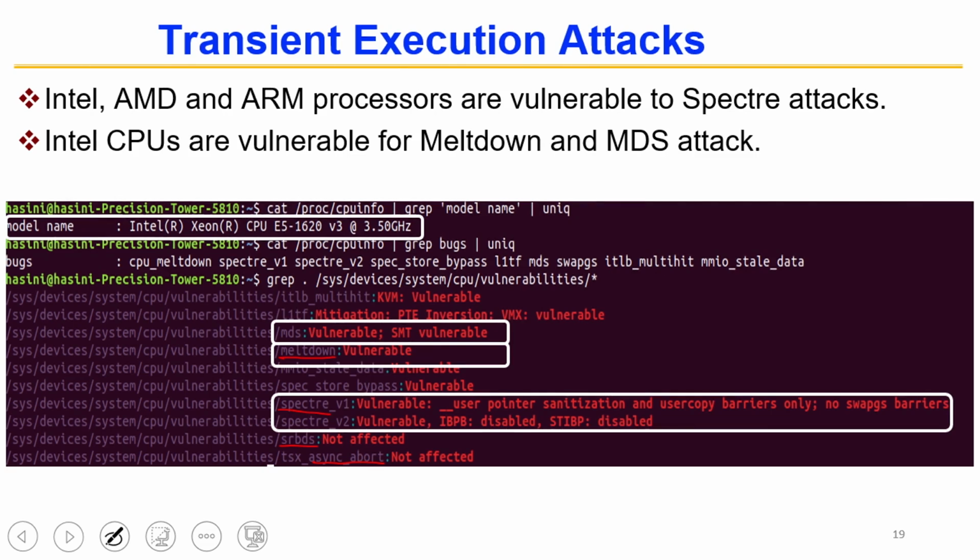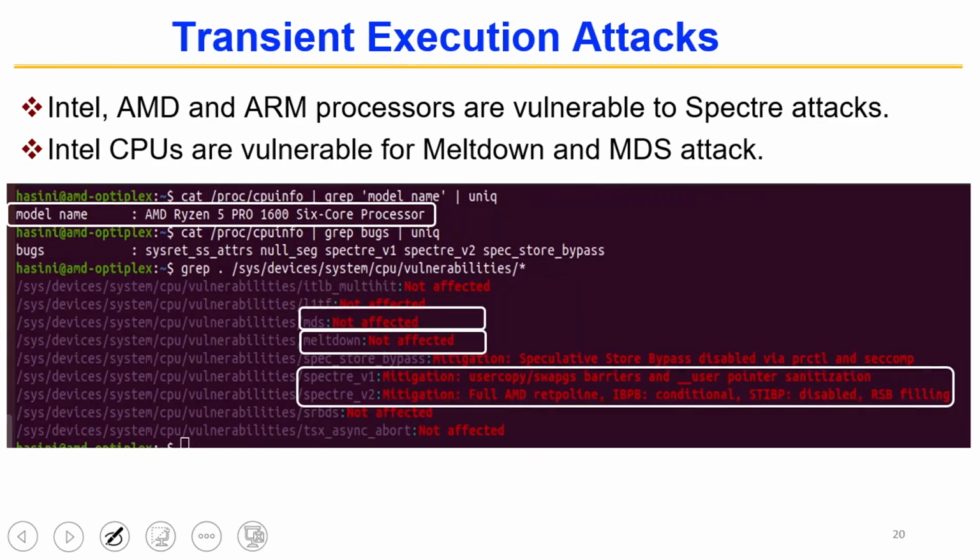Then there is the L1TF attack, and its mitigation is already installed. Basically the mitigation is PTE inversion, but virtual machines are still vulnerable. So, you can get all the information on your processor, what the attacks are and whether the vulnerability fix patch is installed. This is for the Intel processor.